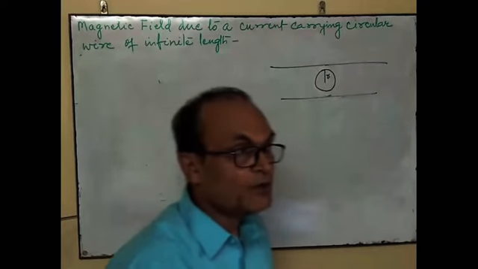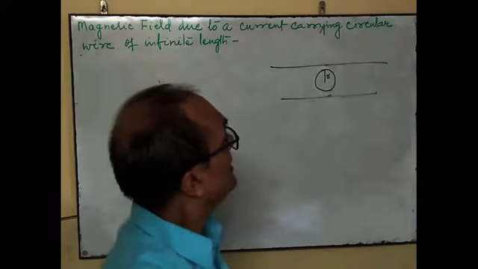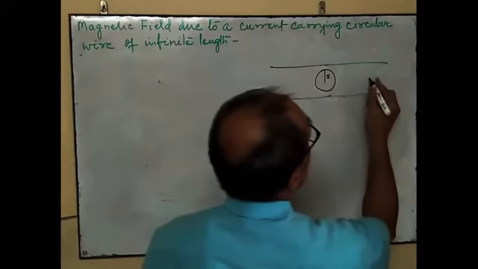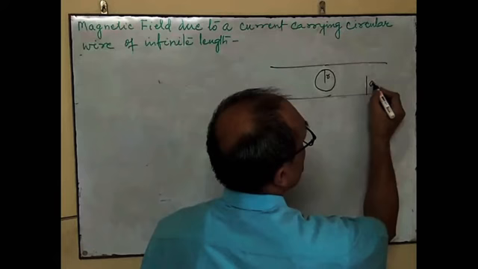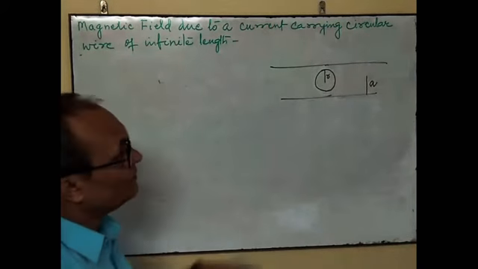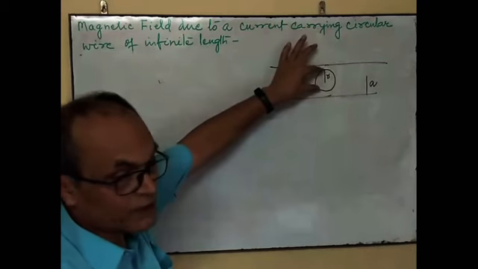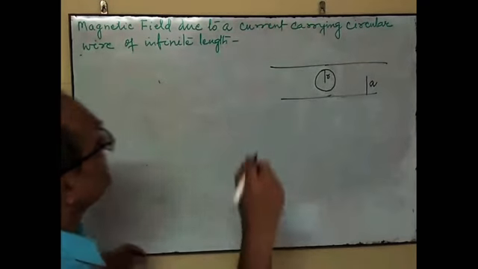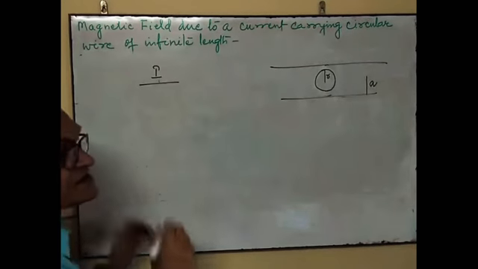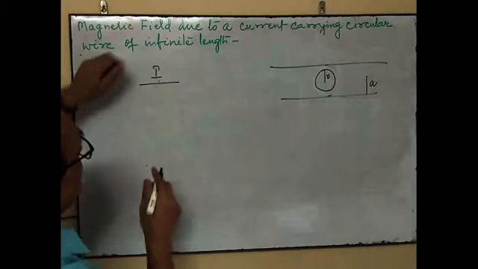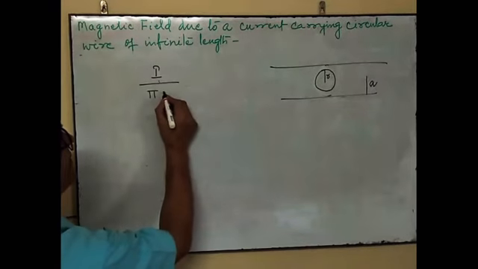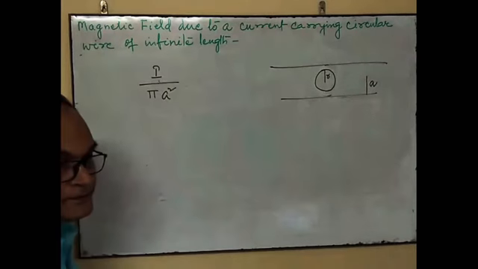Its radius was a, so the current flowing through the unit cross sectional area will be I by pi a square.